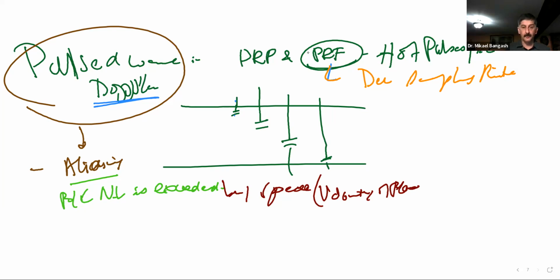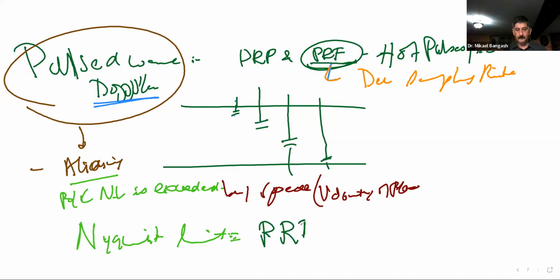So, ladies, what you will find in your book is an equation for how to determine the Nyquist limit. And that is going to be this PRF divided by 2.